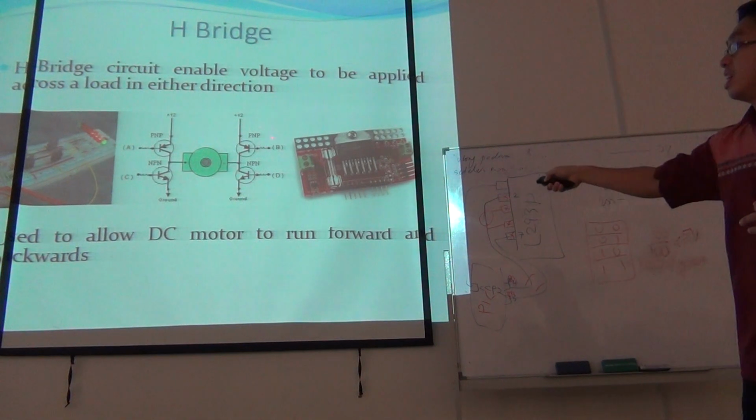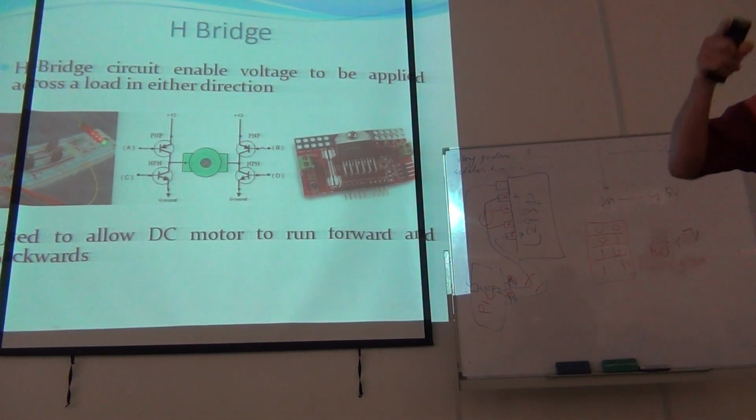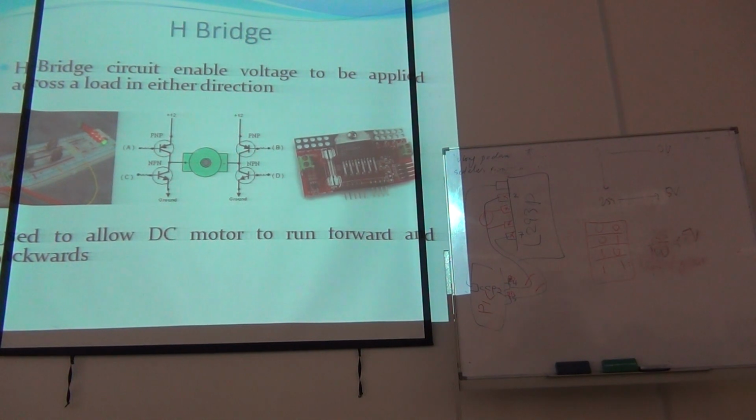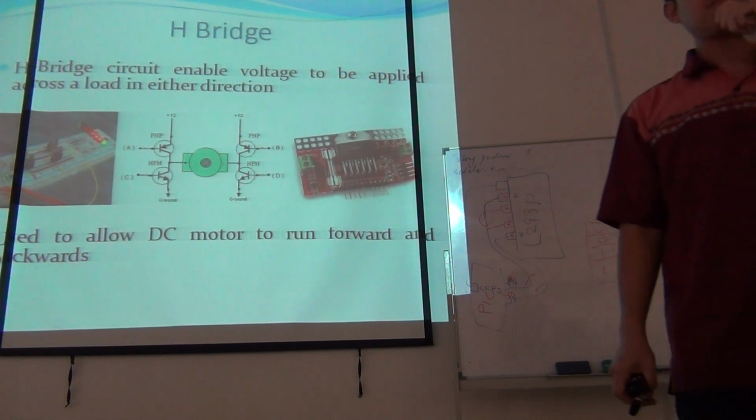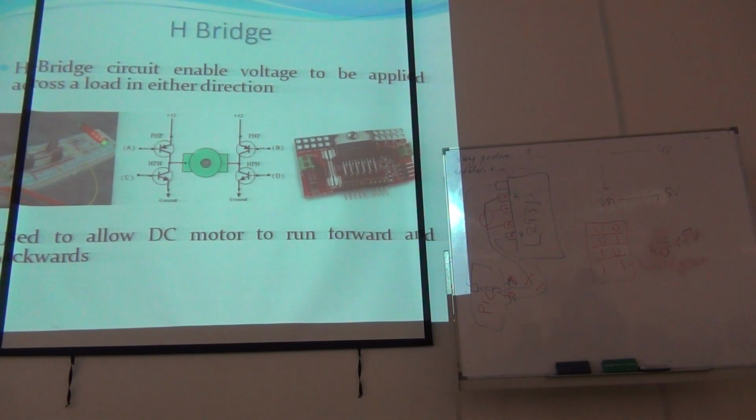So this is the H-bridge inside the chip. On your board, the bridge is called L293D. You have to look at the board because we are going to do the programming based on the board. L293D is located at the DC motor driver and encoder section.